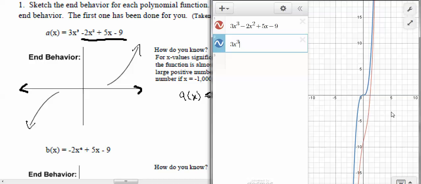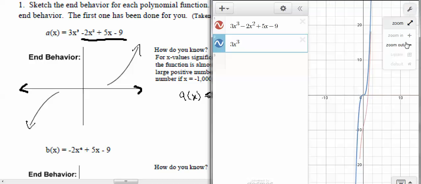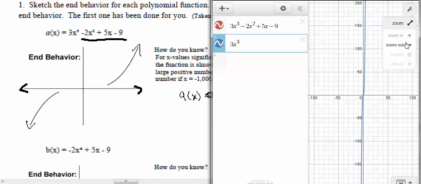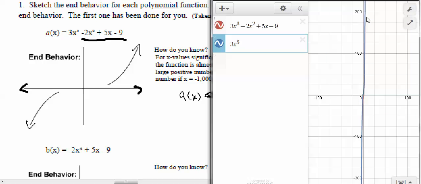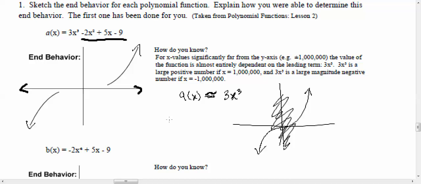And if you look at it, these graphs aren't the same. Obviously, this graph right here is not the same as that. But when you zoom out, you can't really tell the difference. And you know that this thing shoots up to infinity on that side, and it shoots down to infinity over here. So I would say that this is a good way to tell that end graph behavior over there.